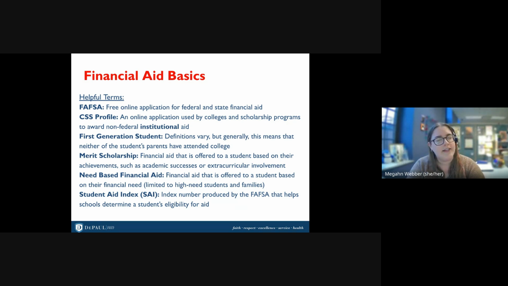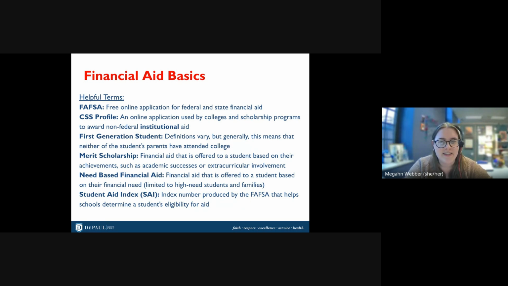Now, I say it varies a little bit because some schools say if the student hasn't had any parents graduate from college, then they would be a first generation student. Sometimes they say they could have attended but not finished, and then they count as well. So again, the definition varies, but widely the definition is recognized to mean that neither of the student's parents have attended college.